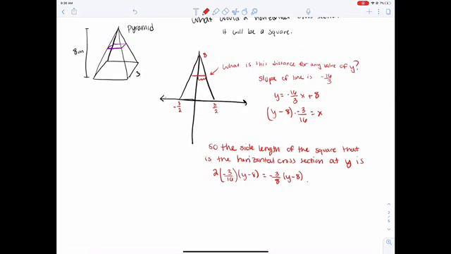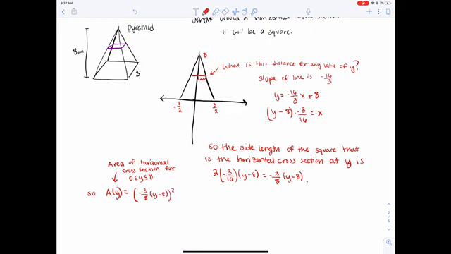So this means A(y), which again is the area of the cross section, for any value of y, where in this case y is between 0 and 8, will be negative 3/8 times (y minus 8), squared.